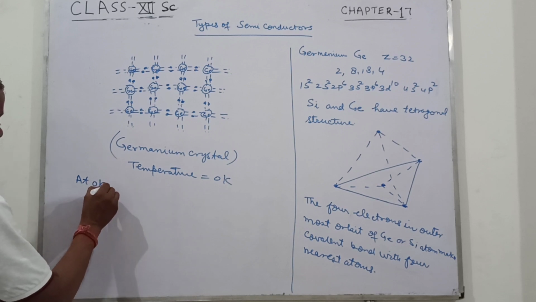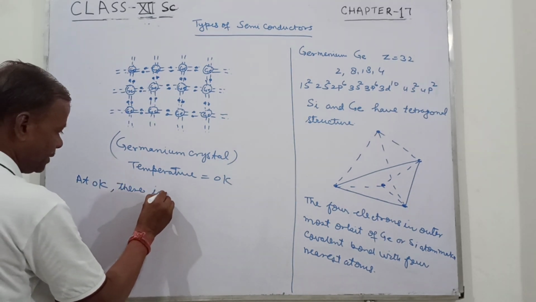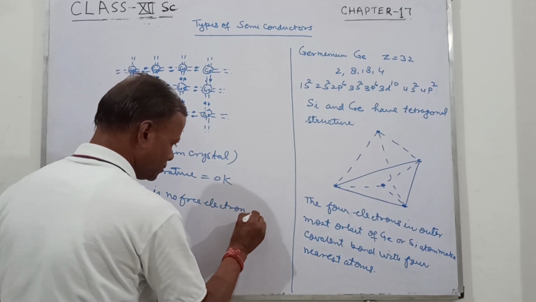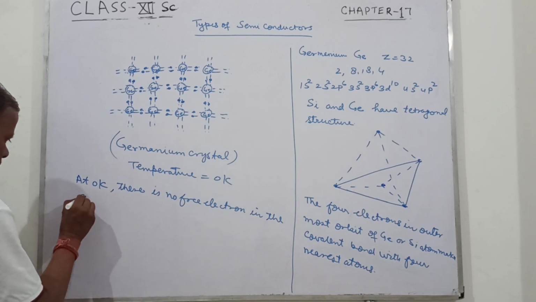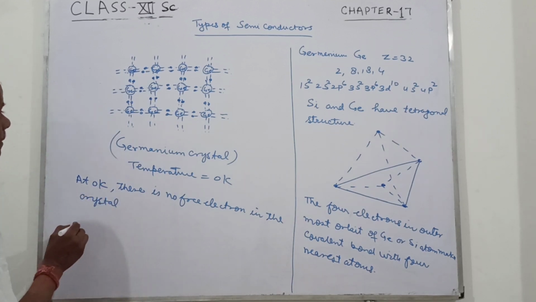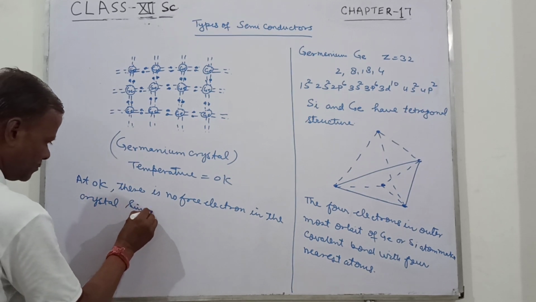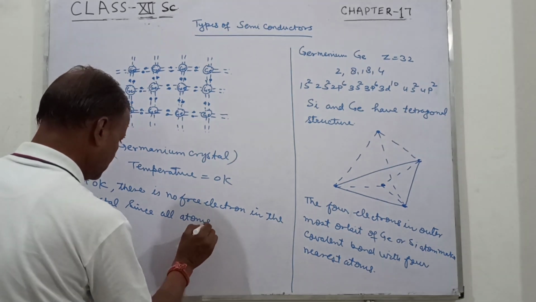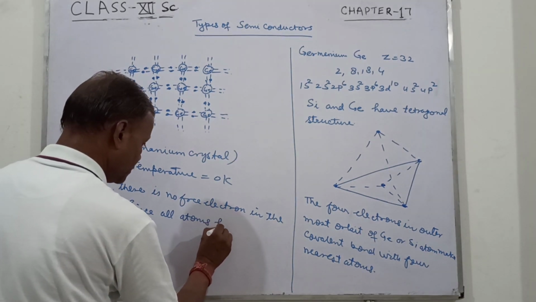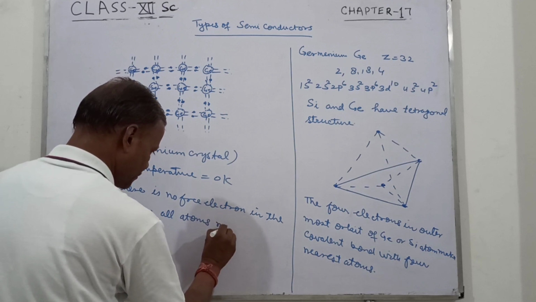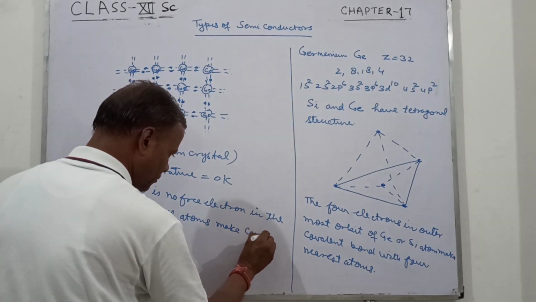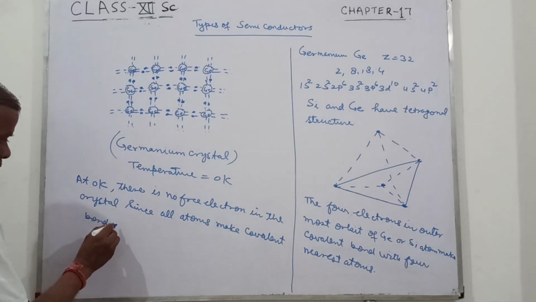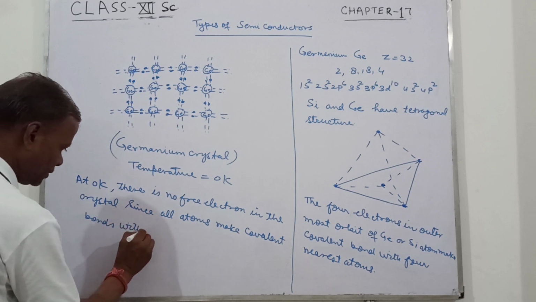At 0K there is no free electron in the crystal, and all atoms make covalent bonds with each other.